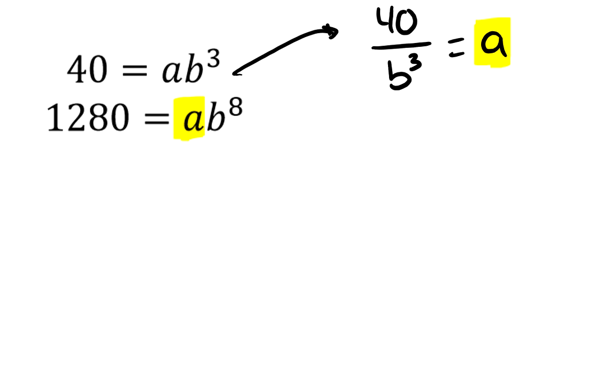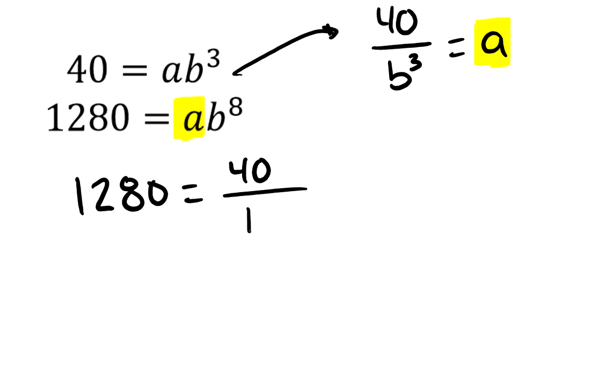So this equation becomes the following, right? Because of substitution, it becomes 1280 equals, and a is 40 divided by b to the third power, and I'm multiplying that by b to the 8th power, and I can write it over 1 if I want. Now, this is nice. We're super good at simplifying expressions that look like this.